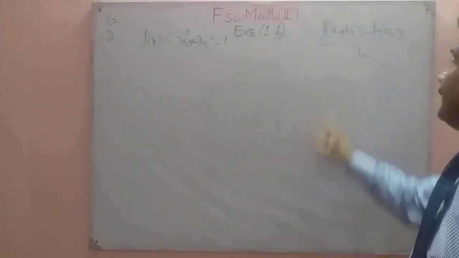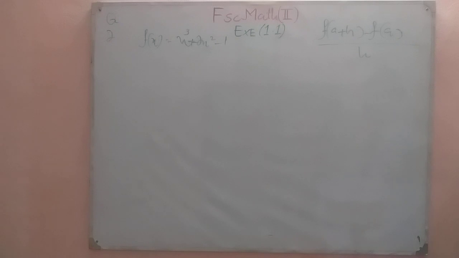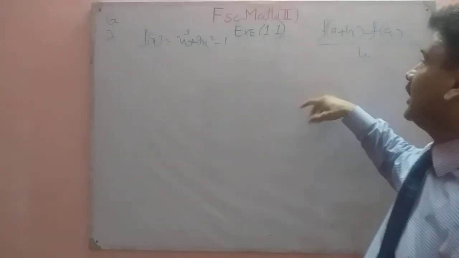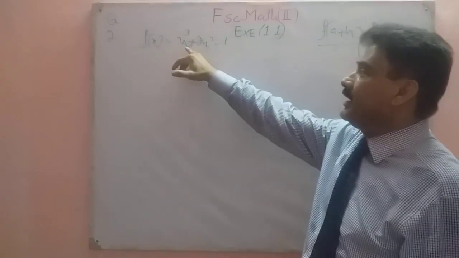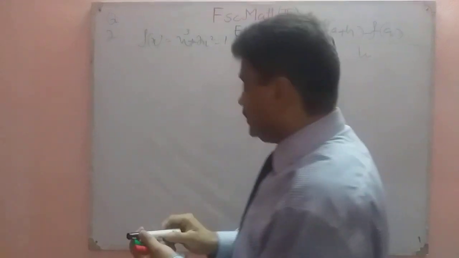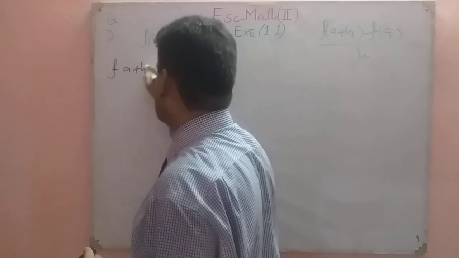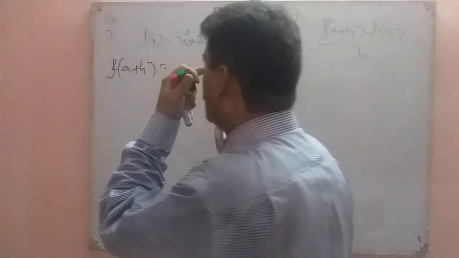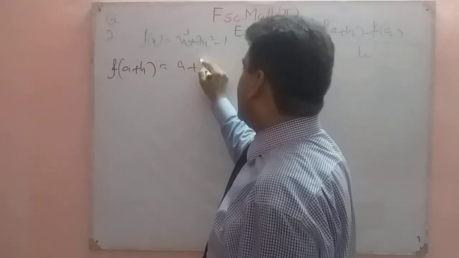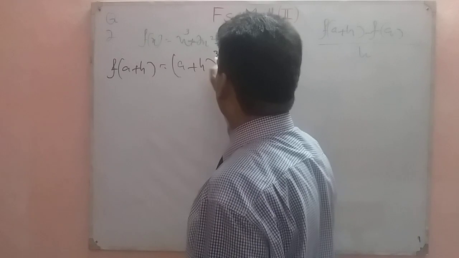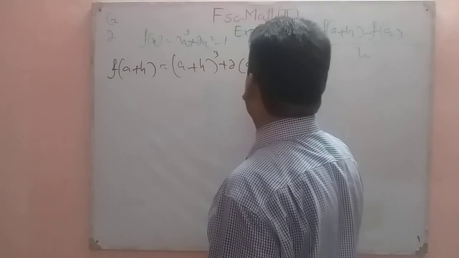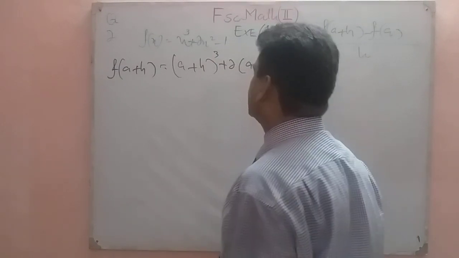We just find f(a+h) first. To find f(a+h), we just replace x by a+h. The value of f(a+h) will be equal to (a+h) cube plus 2 times (a+h) square minus 1.